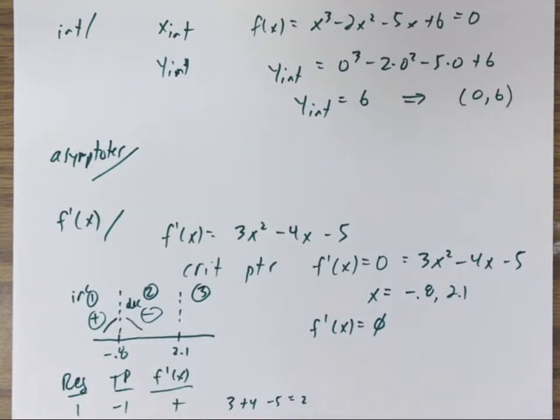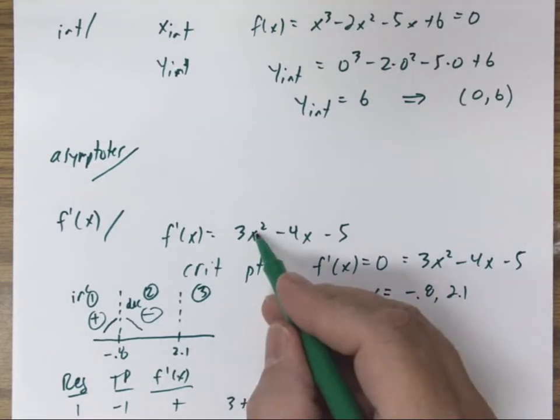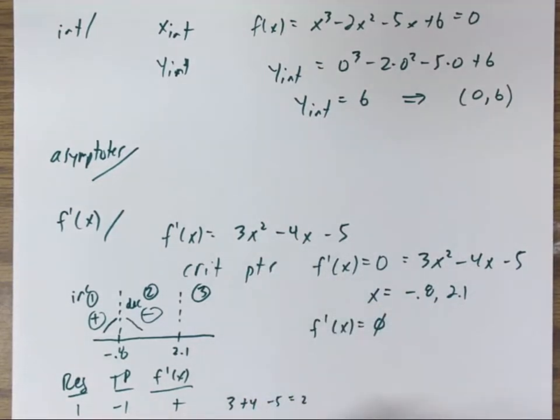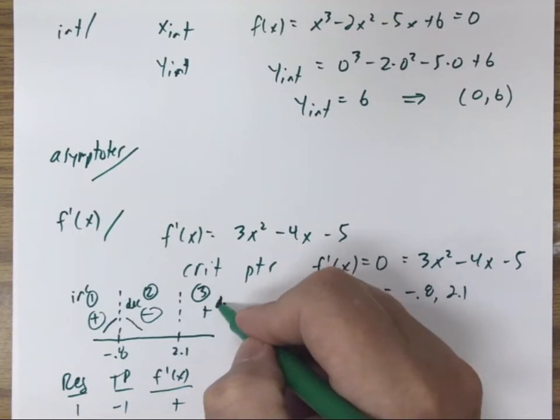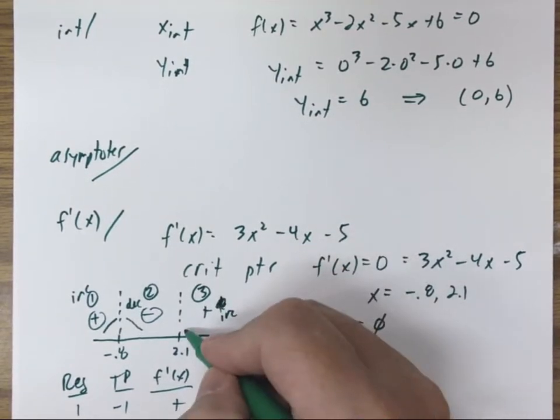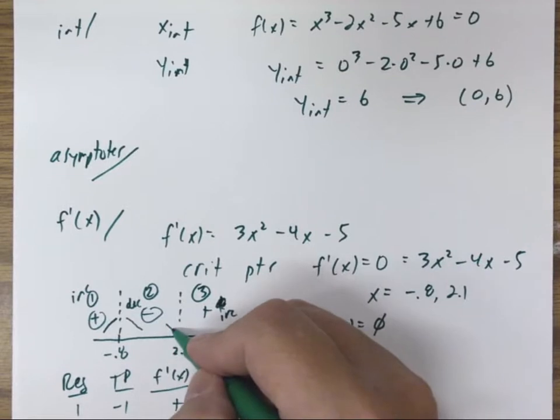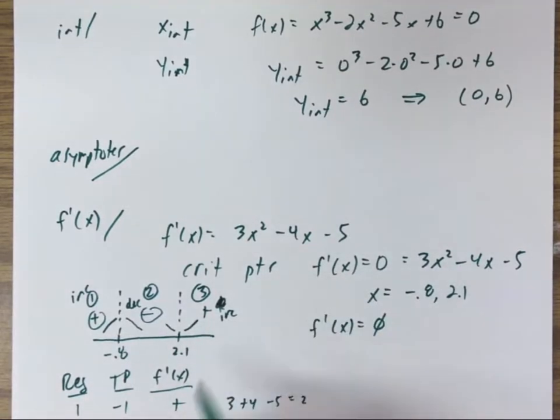What happens in region 3? If I plug in 3, I get 27 minus 12 minus 5. It looks like region 3 is positive, which means increasing. So once again, I probably have a minimum at 2.1.